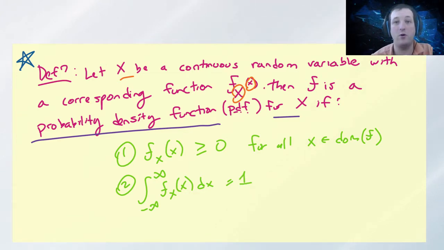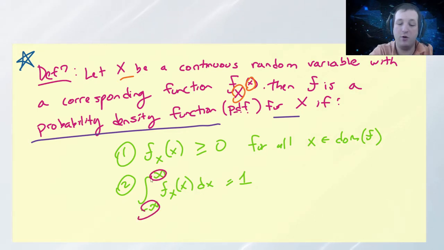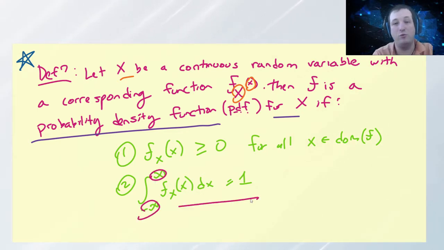As I said before, we're going to be calculating integrals to calculate probabilities, so the integral over the entire domain must be equal to 1. That's pretty much like the total probability is equal to 1, like we had before.